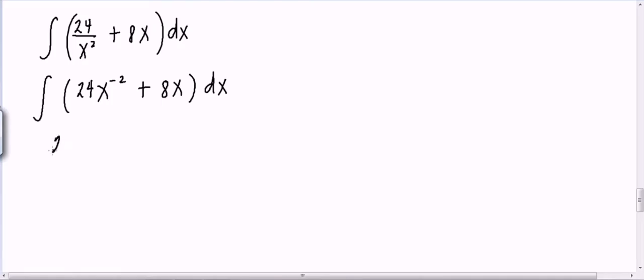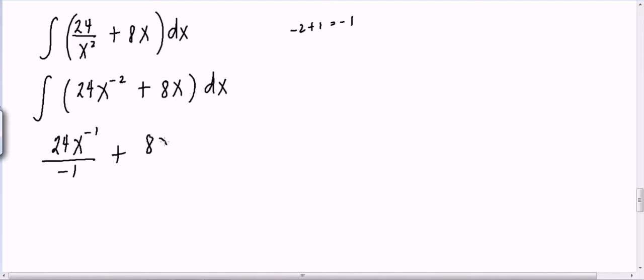So this one would be 24, x raised to negative 2 plus 1 is negative 1, so the new exponent is negative 1. Over the new exponent negative 1. Always divide by the new exponent.